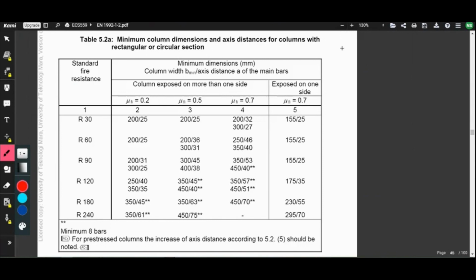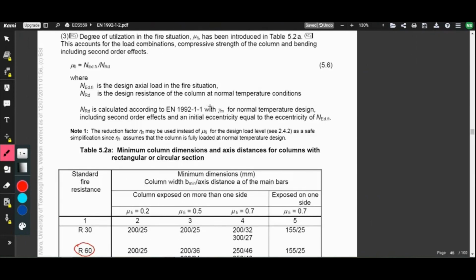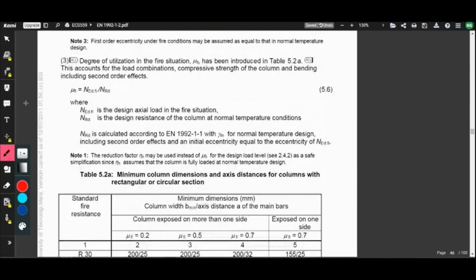For standard fire resistance R60, we need to assume mu fi, mu for the fire. Mu is given as NEd,fi divided by NRd. NEd,fi is the axial load in fire condition divided by the design resistance of the column at normal temperature conditions.